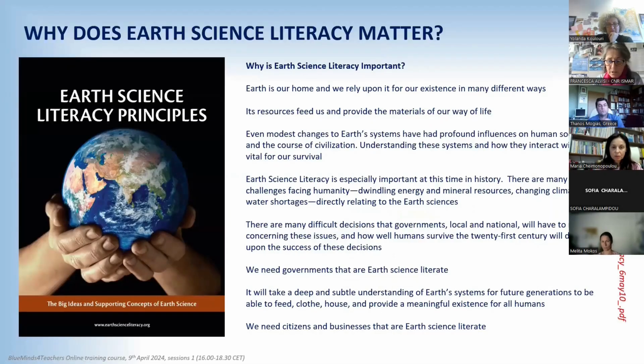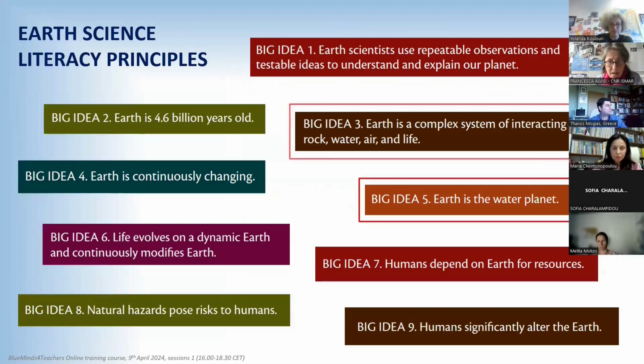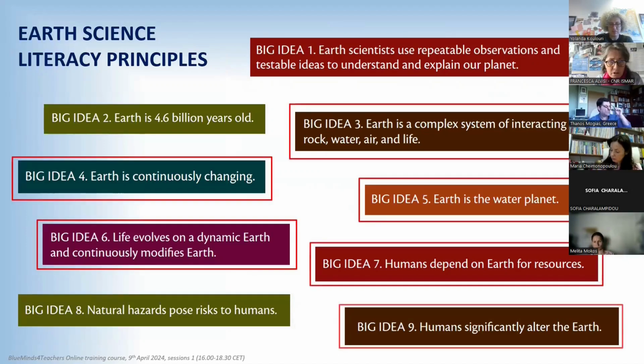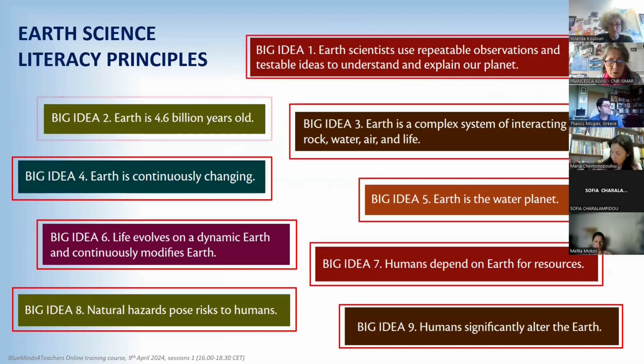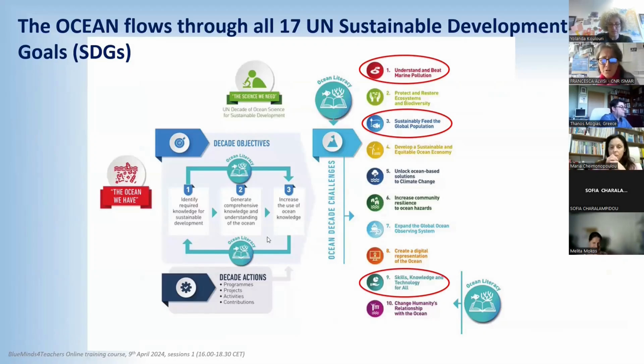Again, you can refer to the Ocean Science Literacy, and in this case I just discovered that we can link this principle with all the big ideas of the Earth science principles. And for the Decade, I suggest linking mostly to these 3 objectives, but maybe they are linkable to others.